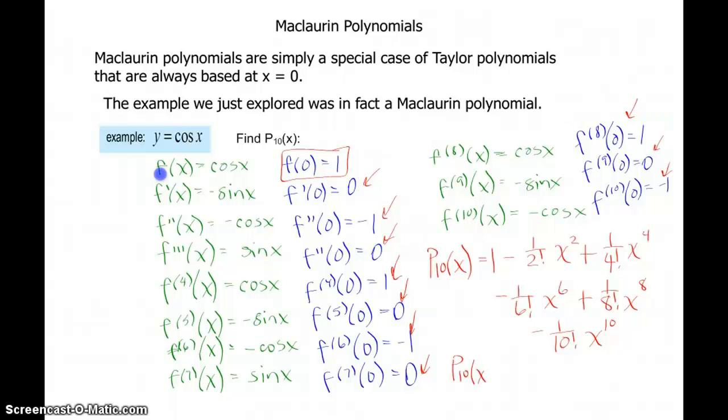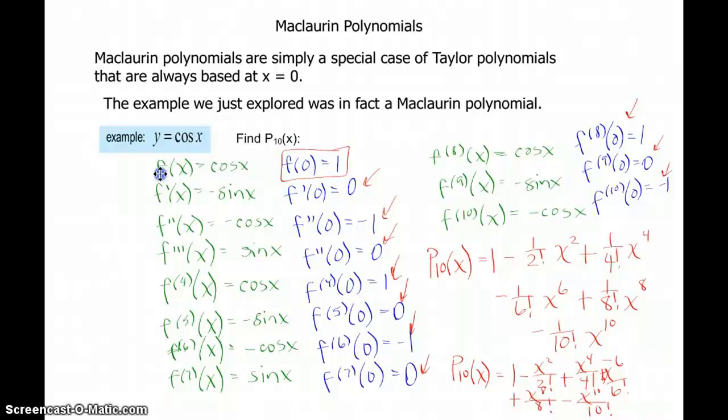So we would normally write it like so: 1 minus x squared over 2 factorial plus x to the 4th over 4 factorial minus x to the 6th over 6 factorial, sorry, that should be a minus, plus x to the 8th over 8 factorial minus x to the 10th over 10 factorial.